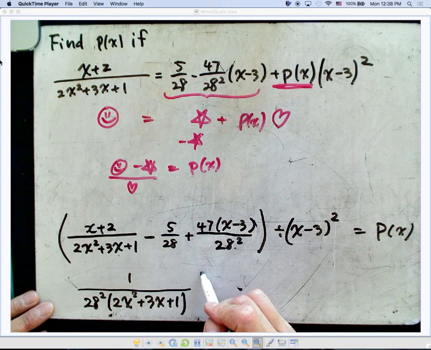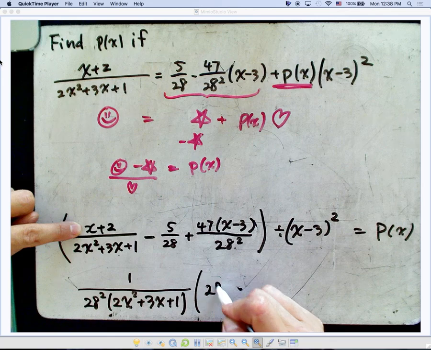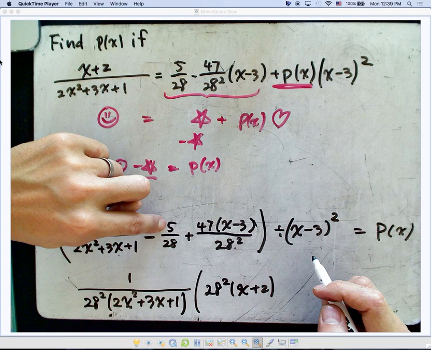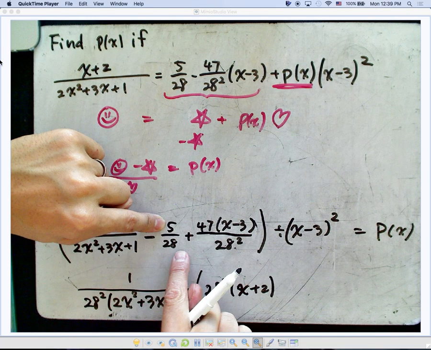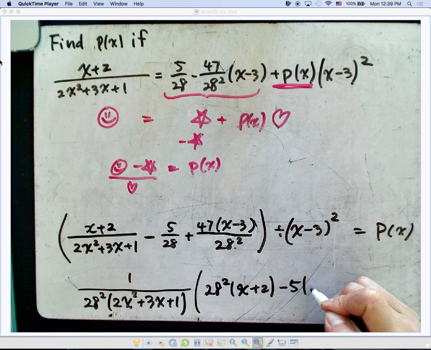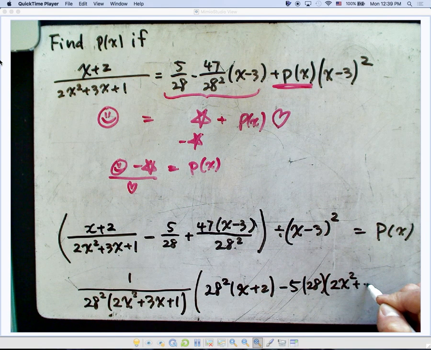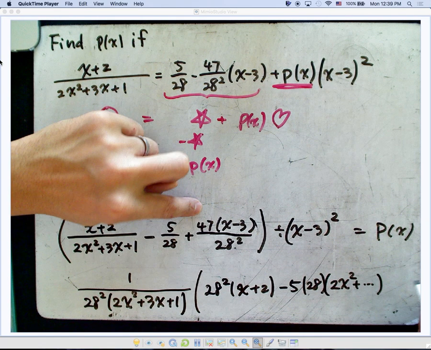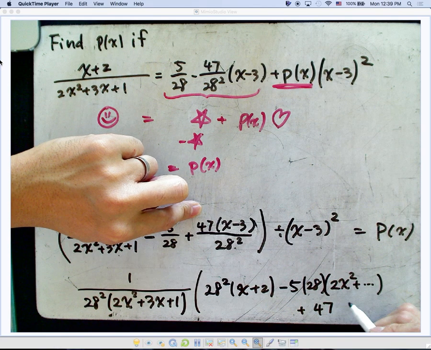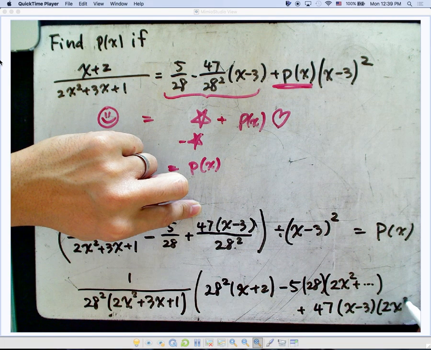For the numerator, you need 28² times (x + 2), then minus 5 times 28 times (2x² + 3x + 1), and finally plus 47 times (x − 3) times (2x² + 3x + 1).